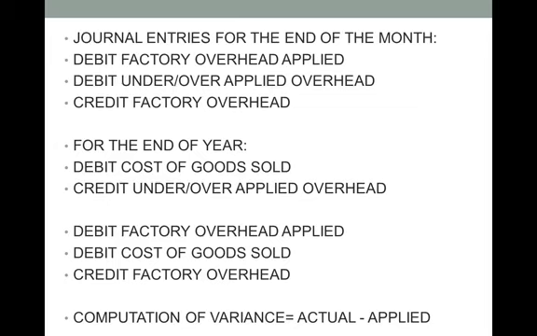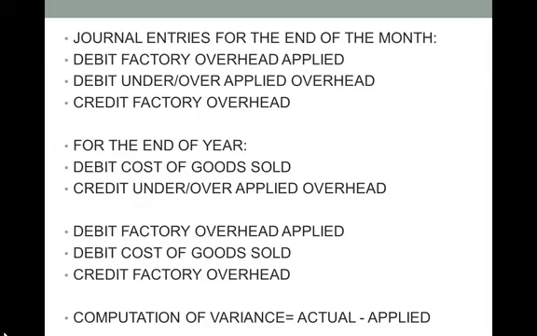If actual is bigger than applied, the variance is called under applied factory overhead or unfavorable, and this is taken as an addition to the cost of goods sold in the statement.